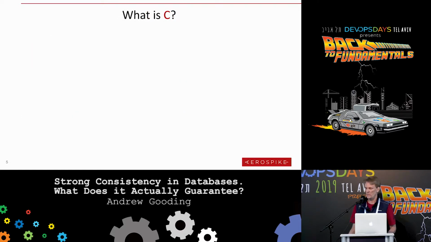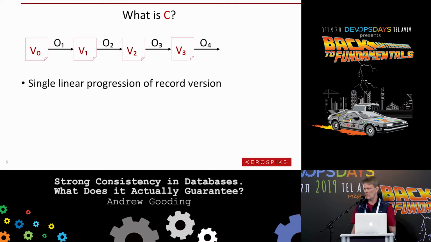Okay, so I promised you a nice clean definition for strong consistency, so here it is. In simplest terms, what it means is that from the point of view of the clients, the outside world, a given record has only a single linear progression of the record version and its content.